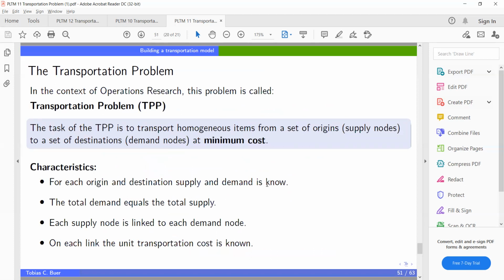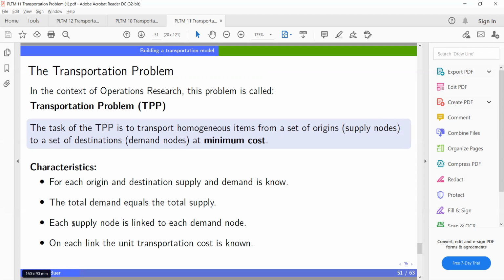Here are some characteristics. We know the supply and the demand for each origin and destination, for each factory and each warehouse. In the transportation problem, the total demand equals the total supply.